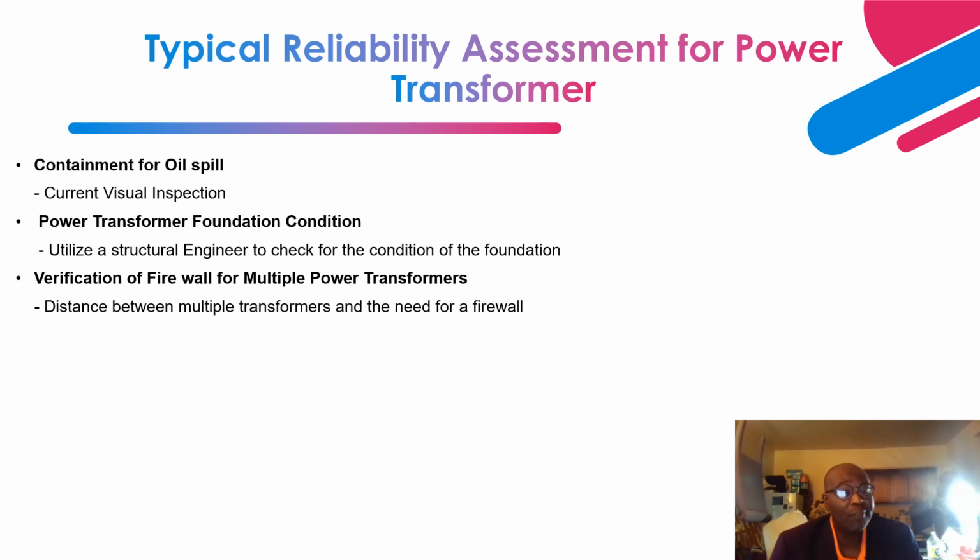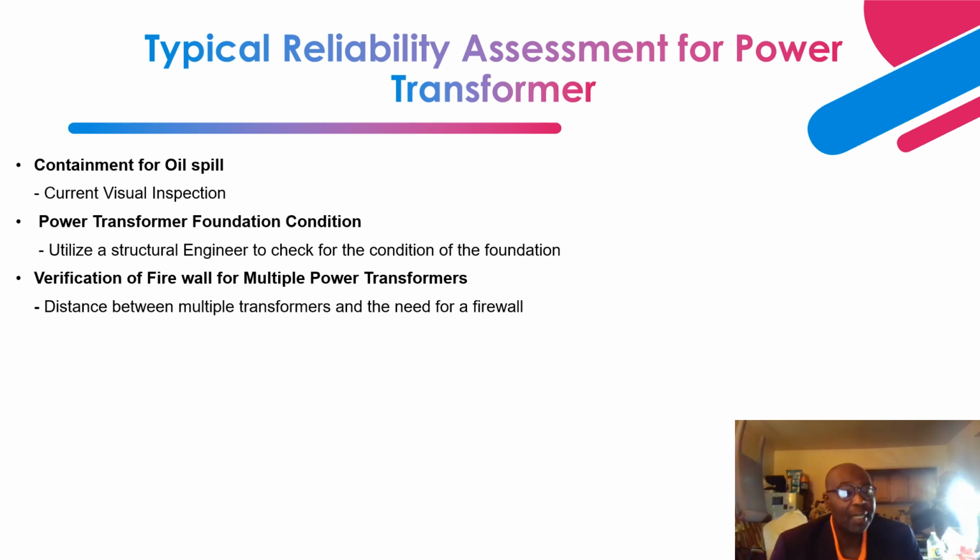Next is our verification of a firewall. If you have, at a substation facility, more than 2 or 3 power transformers in close proximity to each other, it's very important to check the spacing. If I recall, it is about 9 to 10 meters; if it is less than that, it requires a firewall.